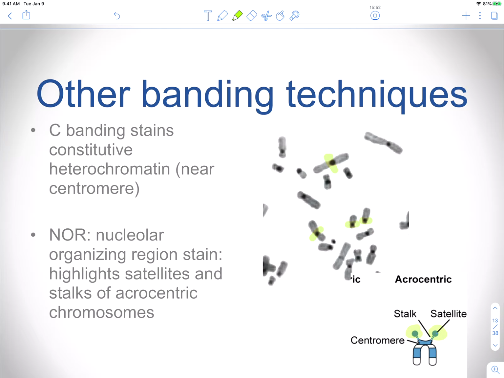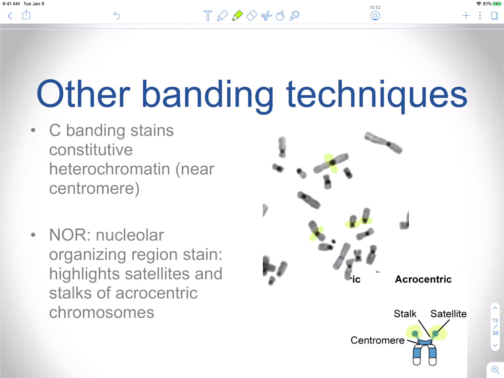Because we do know the regions, for example, of Prader-Willi, as well as another disease called Williams syndrome, your probes can identify those. You can use this very specific technique, so you're not highlighting the entire chromosome, you're just focusing in on a specific area of the chromosome.